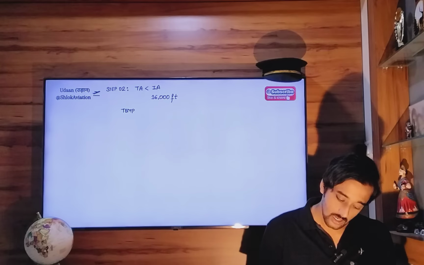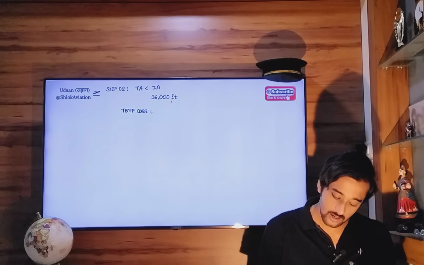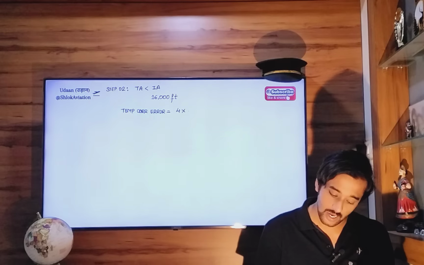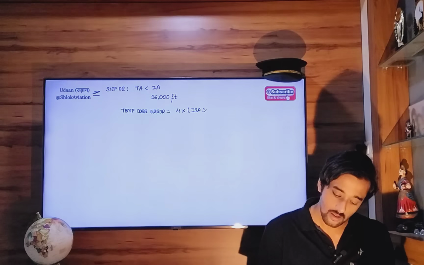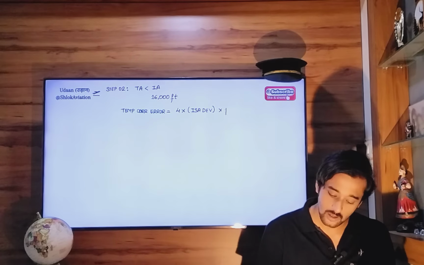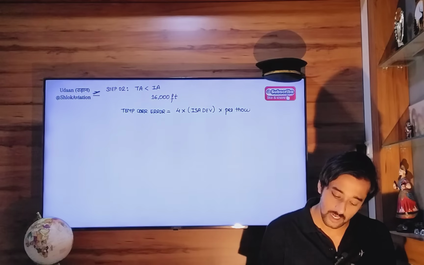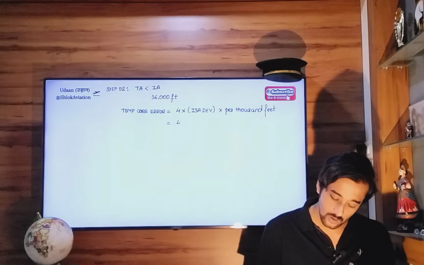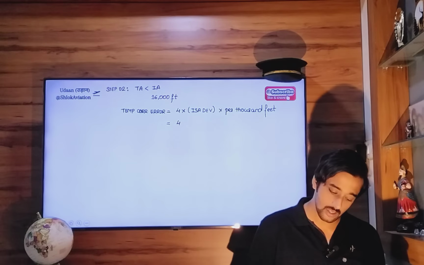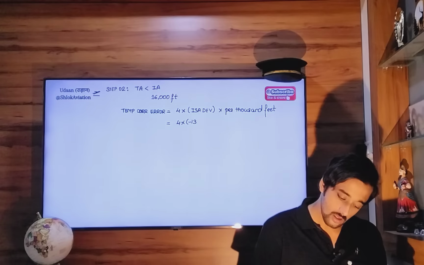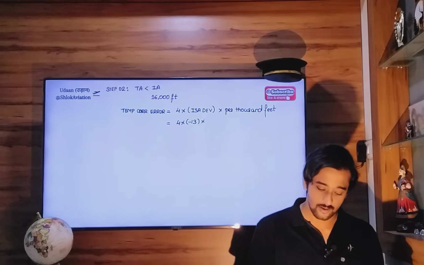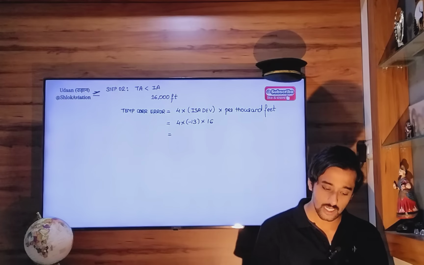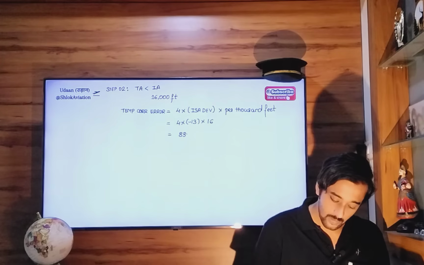Temperature correction error equals 4 multiplied by ISA deviation multiplied by per thousand feet. So 4 into ISA deviation, which is minus 13, and indicated altitude is 16,000 feet, so multiply by 16. So 4 into 13 into 16 is 832, minus 832.